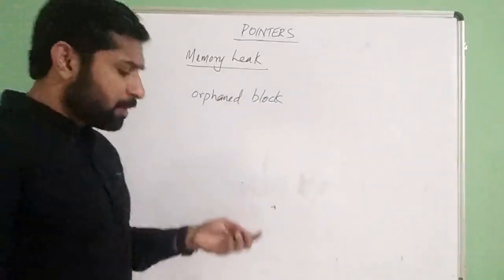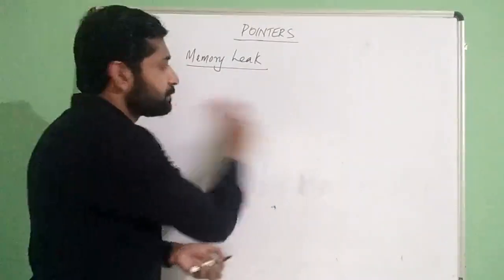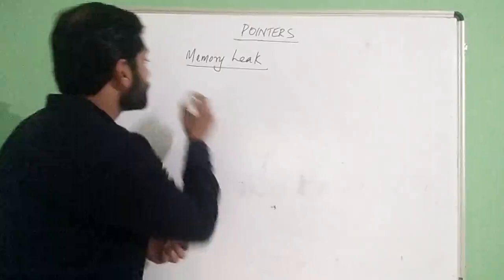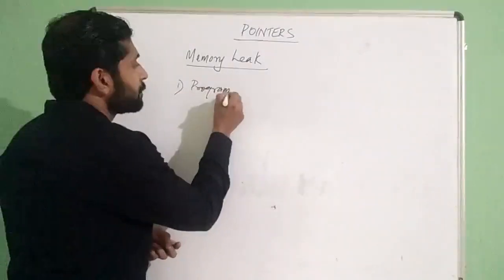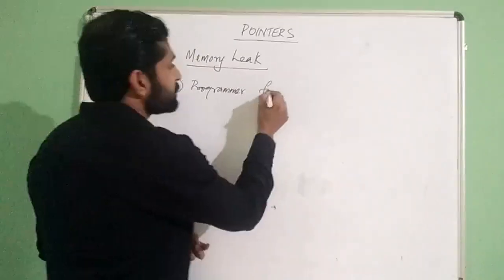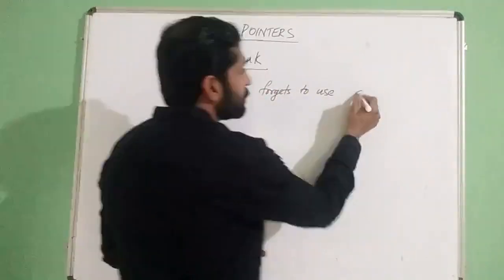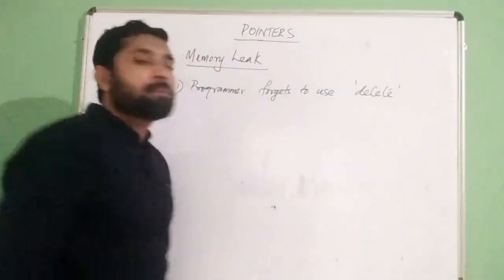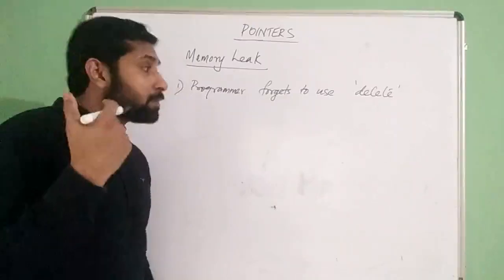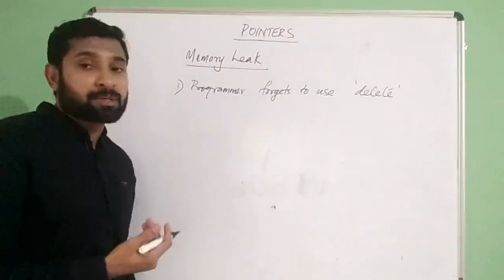What are the reasons for memory leak? The reasons are: 1. Programmer forgets to use delete. Programmer forgets to delete or deallocate the memory location.